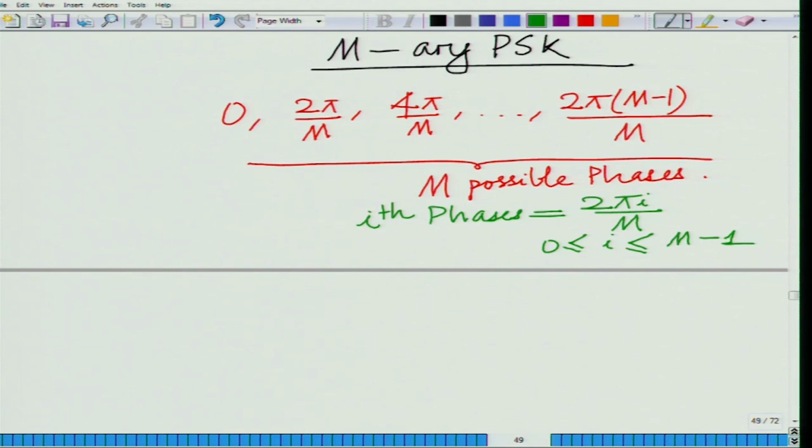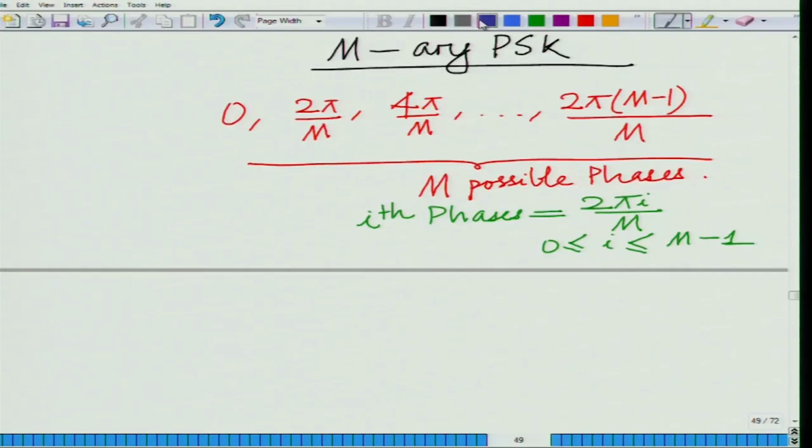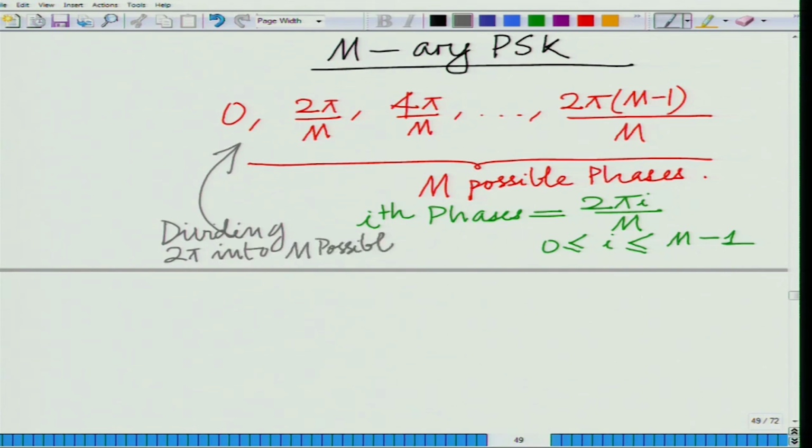Remember, 2 pi corresponds to 360 degrees, and we are dividing it into M possible phases. So basically what we are doing is dividing 2 pi into M possible phases.